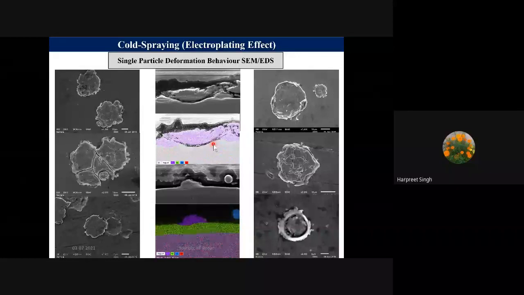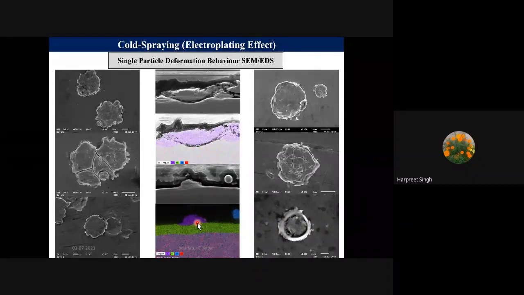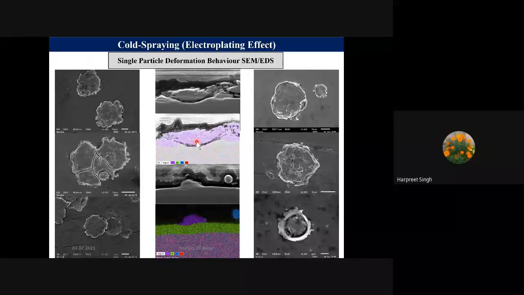Okay, and why? Then we wondered why it is happening, right? The point here is that in this case, where there was no adhesion, we have seen that the copper interlayer was not having that mechanical strength. Actually, it broke away. You see, this is also copper electroplated.